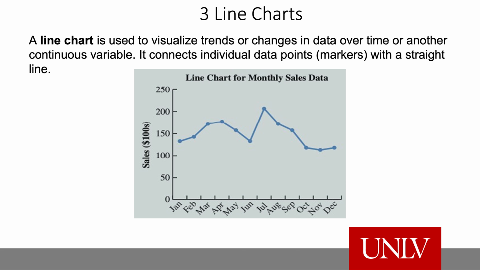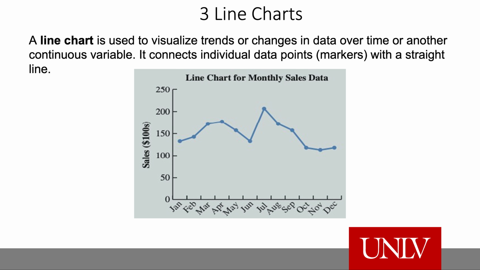A line chart is used to visualize trends or changes in data over time or another continuous variable. It connects individual data points with a straight line. It is one of the most widely used tools for tracking changes over time, such as across months, days, or years.